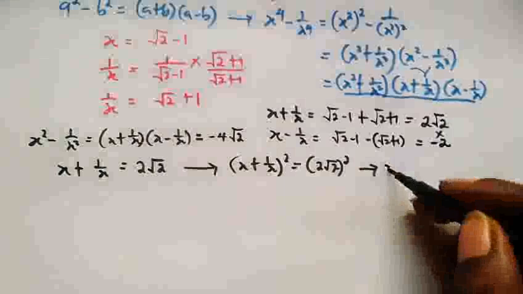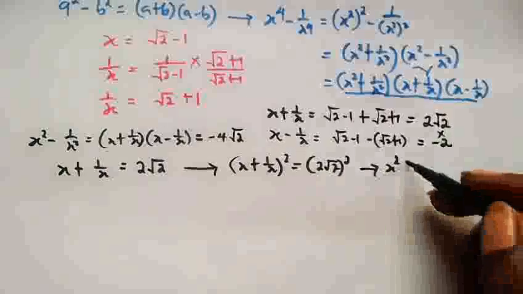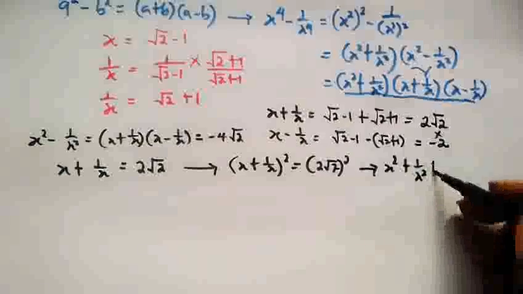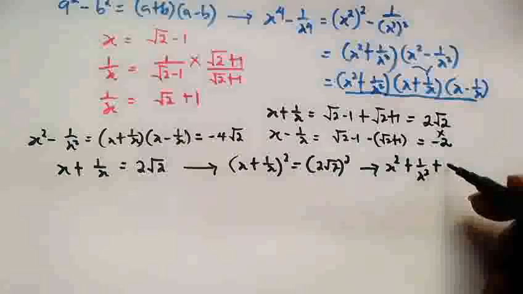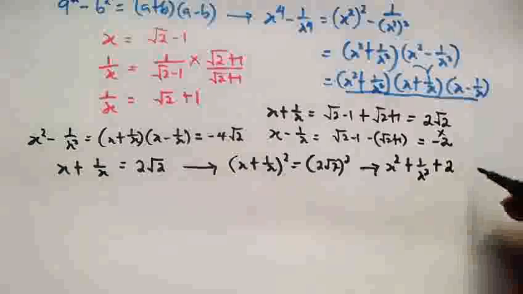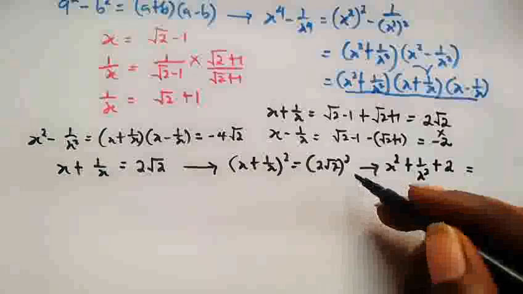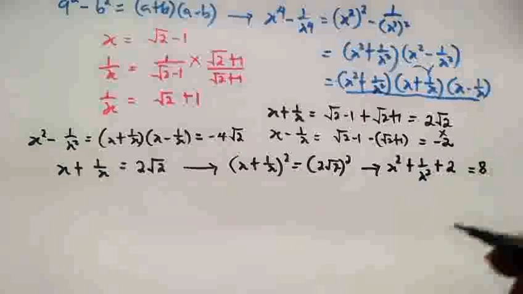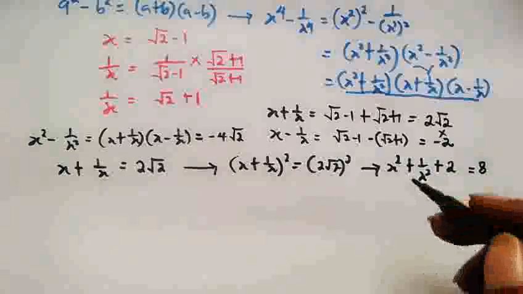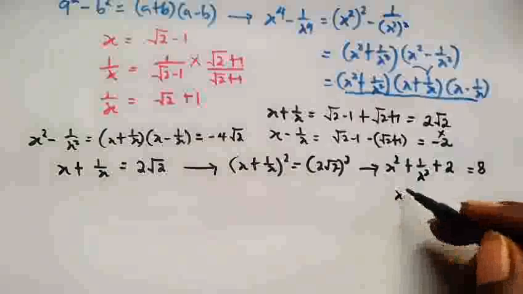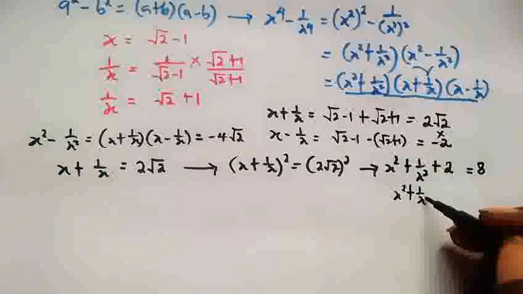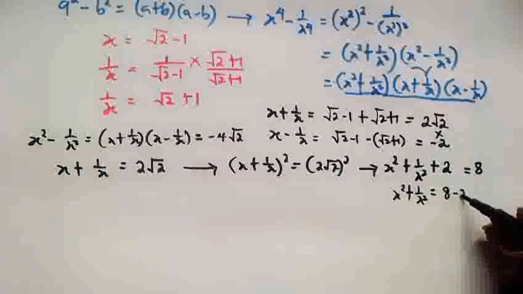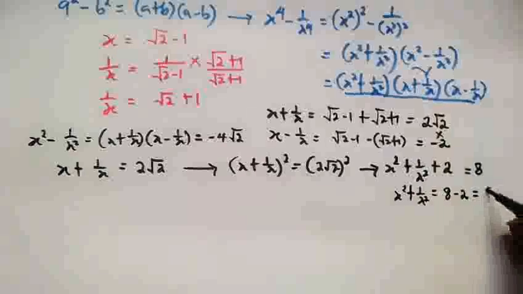From here we get x squared, expanding this, plus 1 over x squared plus 2 is equal to 2 root 2, which is the same as square root of 8, so square root of 8 squared, we get 8 here. So from here we get the value of x squared plus 1 over x squared to be equal to 8 minus 2, and this is equal to 6.